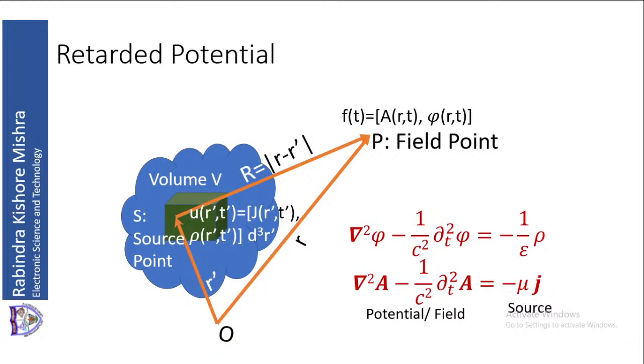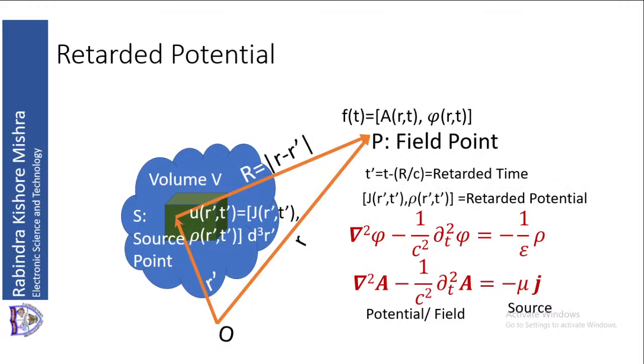So with this picture let us move forward, and we define something called retarded time here. T dash goes with U. This T dash we define as t minus R by c, the retarded time. Why do we define it as the retarded time? Retarded means negative time, so a movement in time in the negative direction.